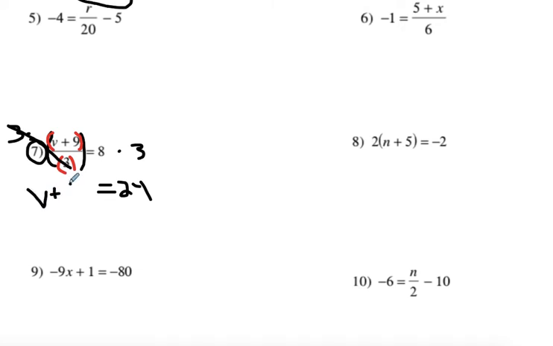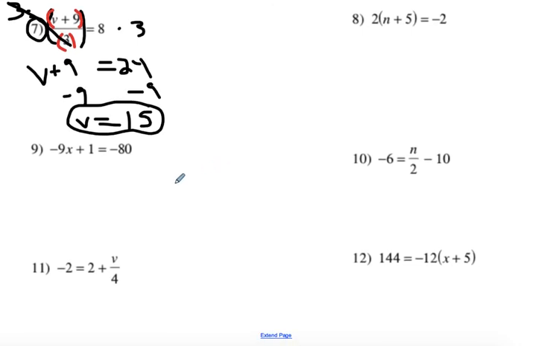In our case, v plus 9. Next step, we're going to undo that addition by 9 with the subtraction by 9. And 24 minus 9, I think it's about 15. Wow. We did it.